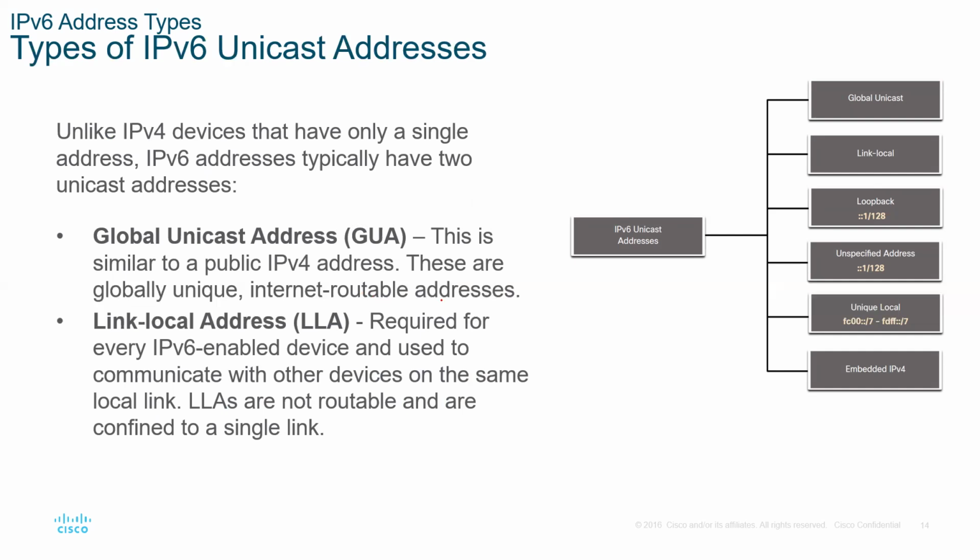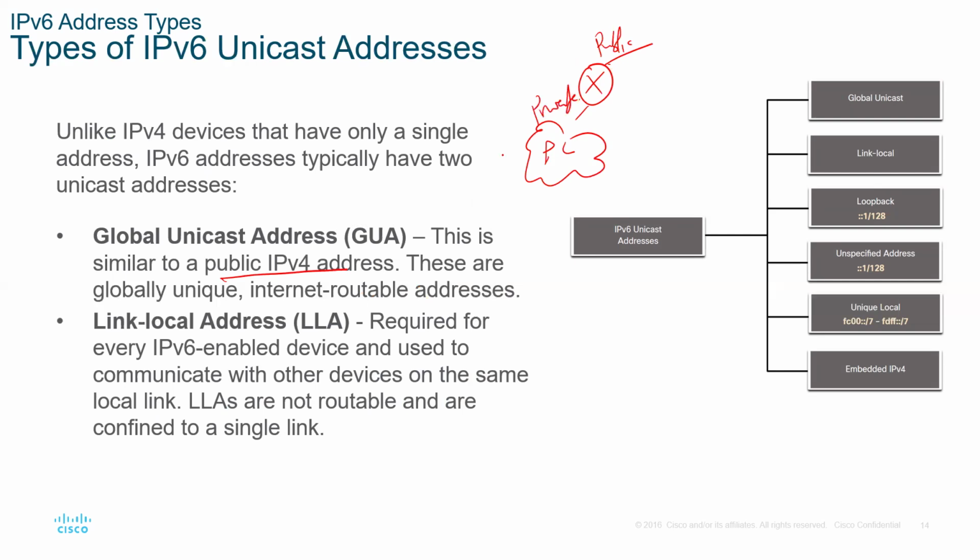internet routable addresses. So the public IPv4 address: with IPv4, if we had a network like this, the IPv4 address of the PC inside would be private. Then we have another one which is used outside, which is public, via NAT.